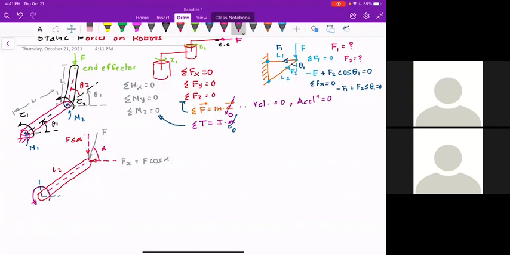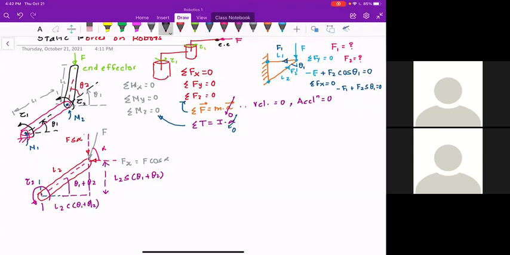So this is the torque, tau 2. This angle is going to be theta 1 plus theta 2. This distance is L2 sine theta 1 plus theta 2, and this distance is L2 cosine theta 1 plus theta 2.